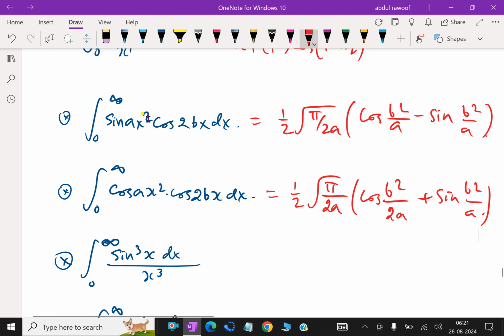Here for sine ax square cos 2bx dx, minus comes; here plus comes, that is different.